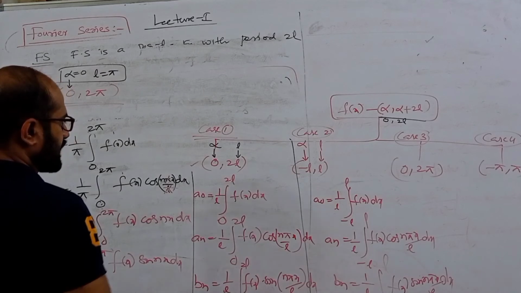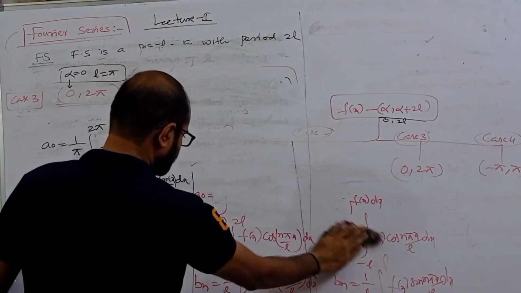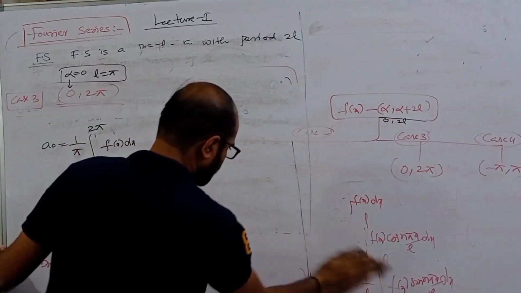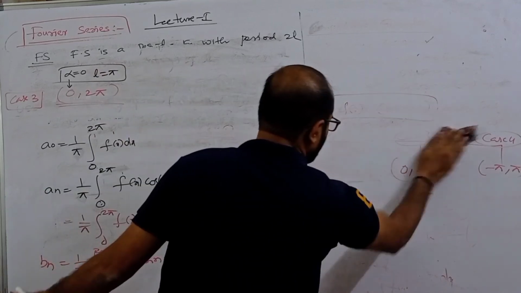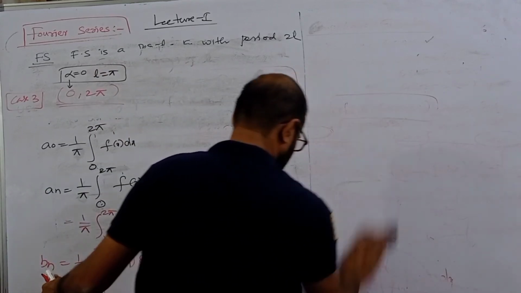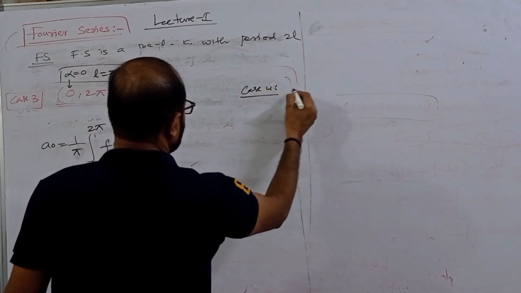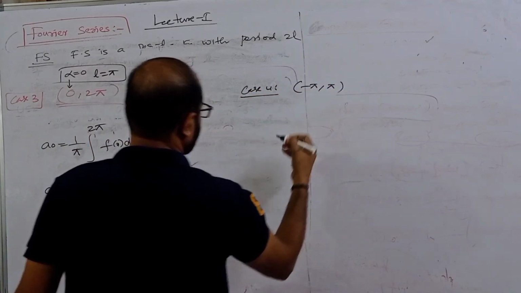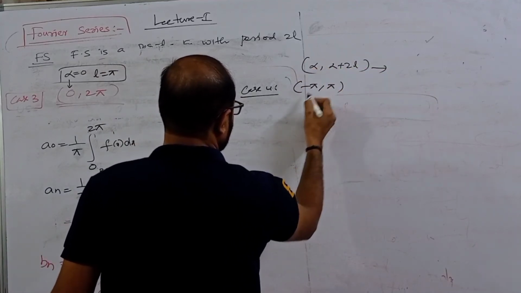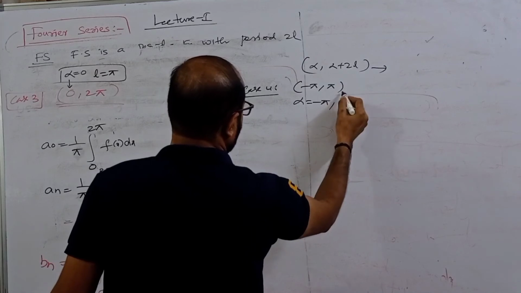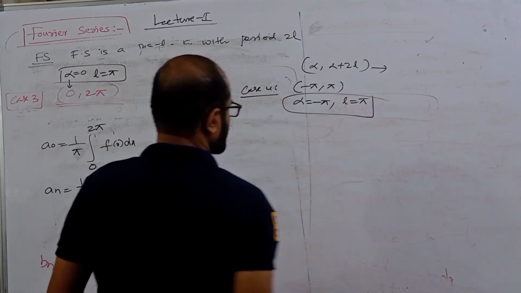Next, the last one is minus pi to pi. If I want to write minus pi to pi, now see here, what is case 4? It means alpha plus 2L, general limits. So alpha equals minus pi, and L value is pi.